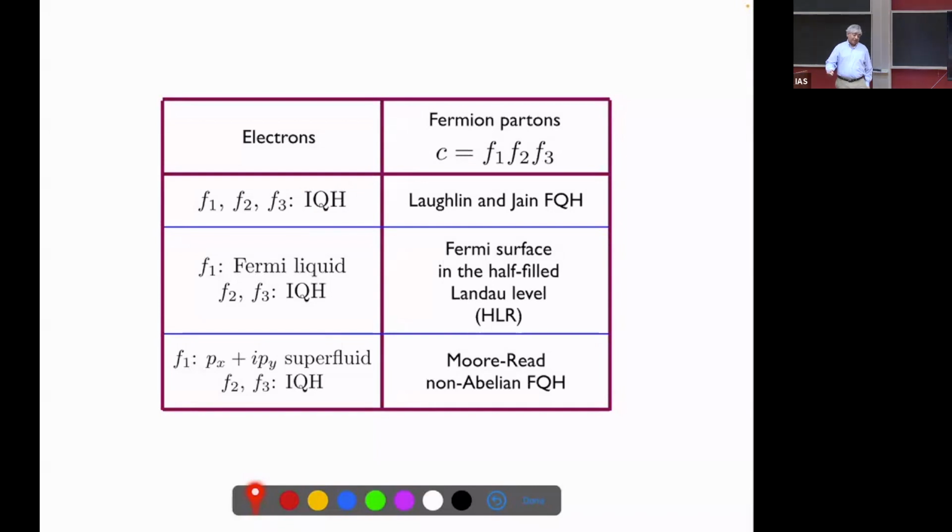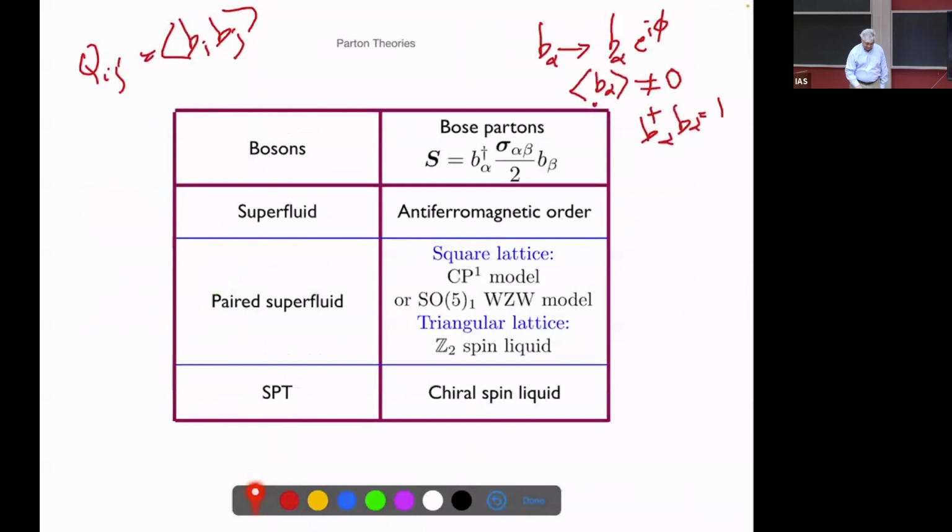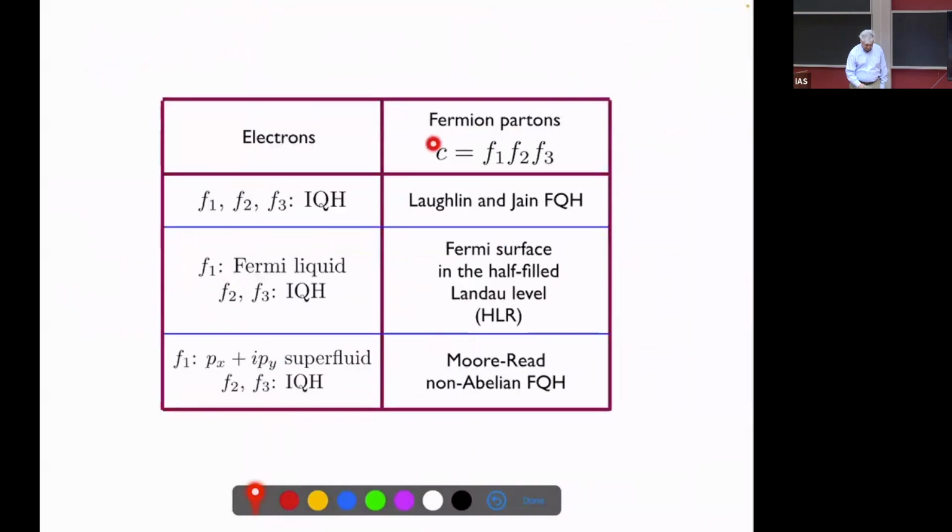Okay, so how do we get fractional quantum Hall states? Well, to get almost all the observed fractional quantum Hall states, what you do is take your electron. Previously, we were fractionalizing spin operators. Now we're going to fractionalize the electron operator itself. I'm ignoring spin because that's an additional complication that could be important in some cases.